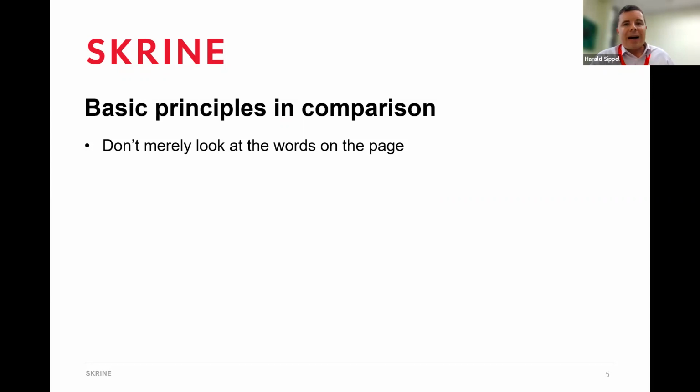So I could simply look at the words on the page and then advise my client. And I think on average, it would be okay. It wouldn't be wrong.